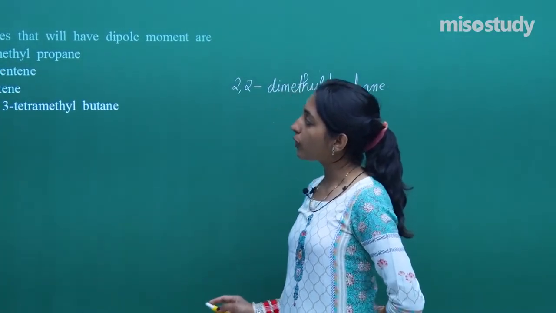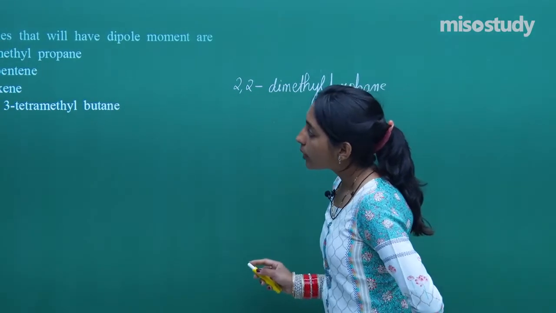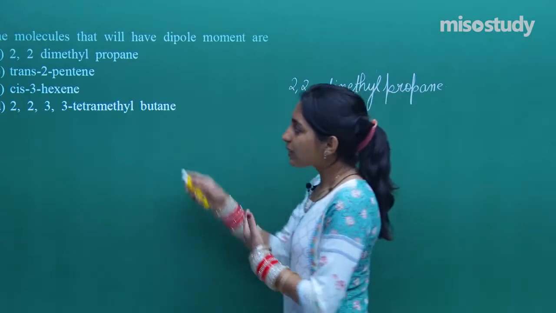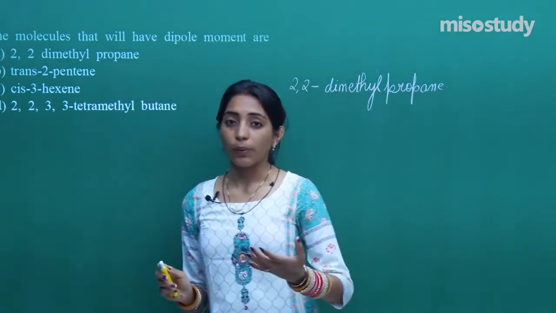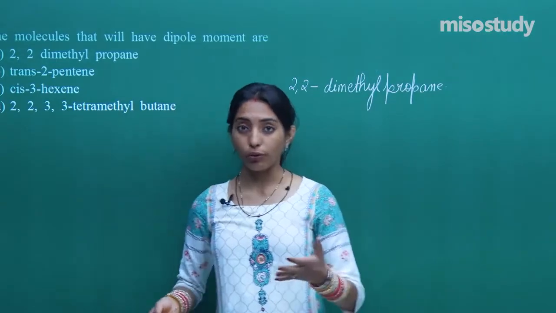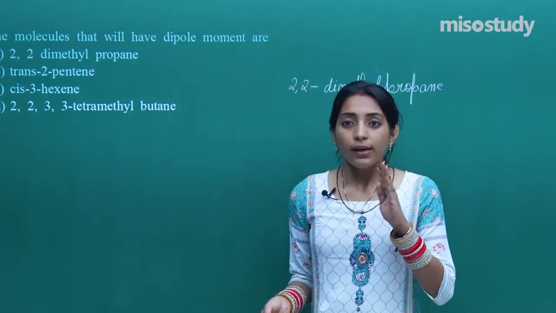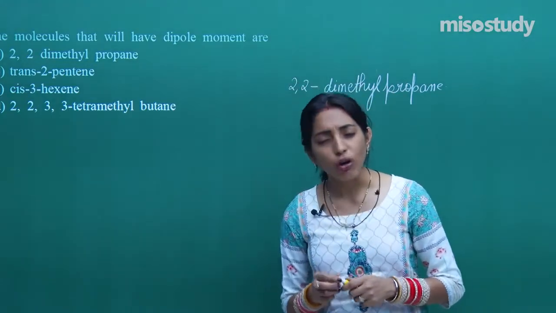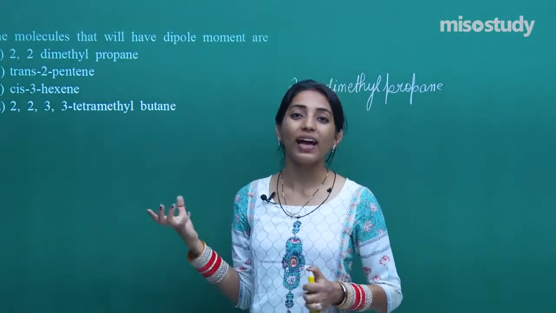So when 2,2 dimethyl propane is there. So guys, see, this question contains all organic compounds, and right now you may not be very good in organic chemistry because I have not taught you yet. But seriously guys, the topic chemical bonding and molecular structure will have lots of questions from the organic chemistry part.